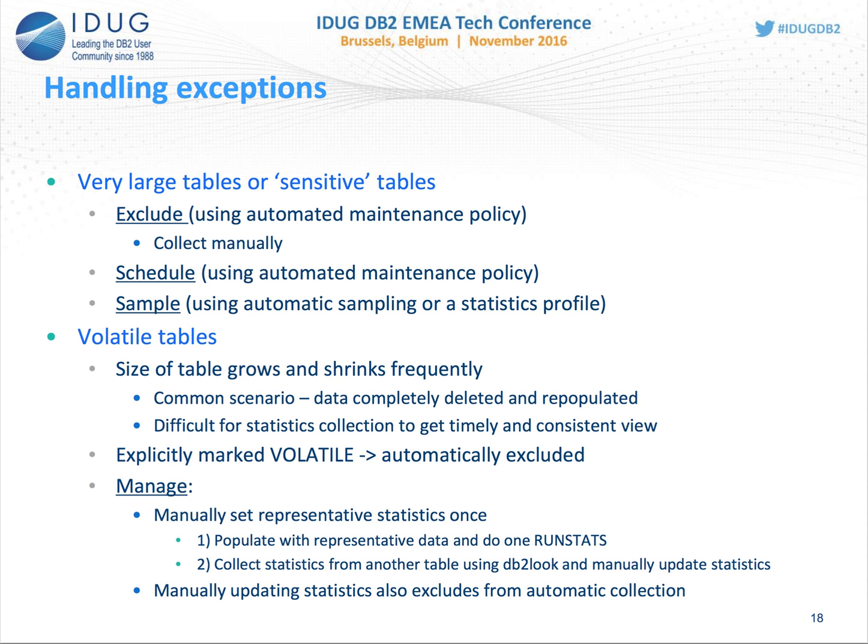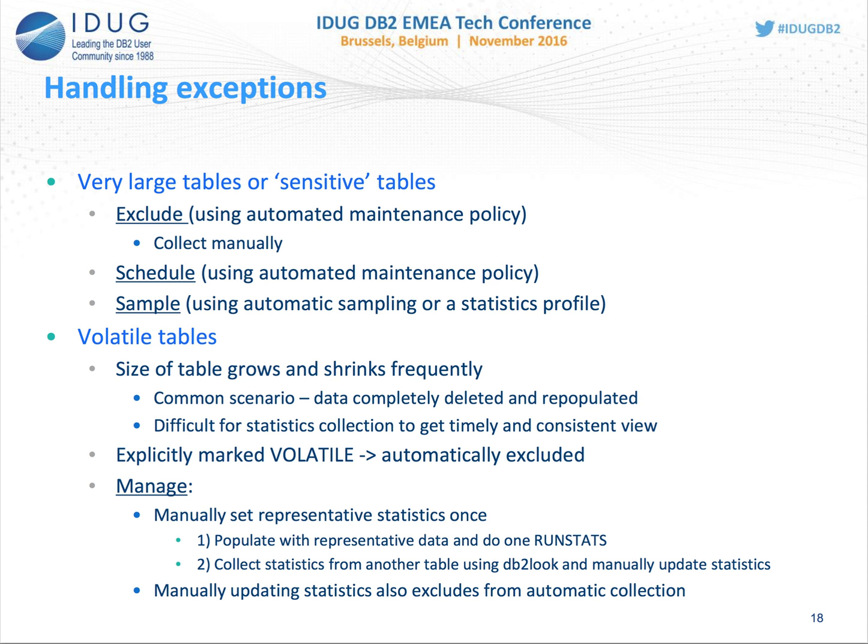There's another category of tables I call volatile tables. These are ones where the contents of the table change frequently, so the table might be empty, then it gets populated, some queries run, and then the contents are deleted and repopulated. It's almost like a queue table where some kind of work is put in there, stuff gets picked out of the queue and then deleted.